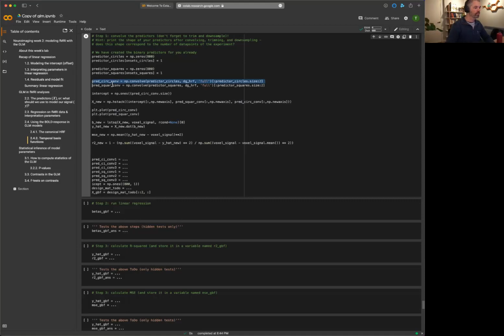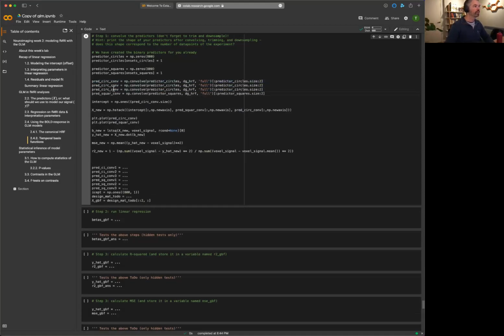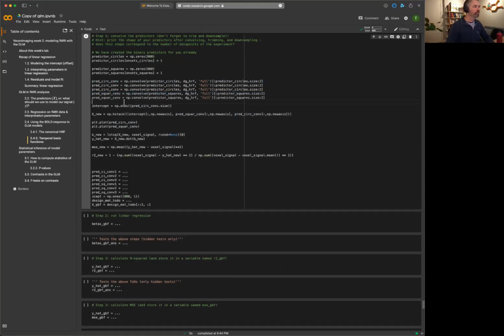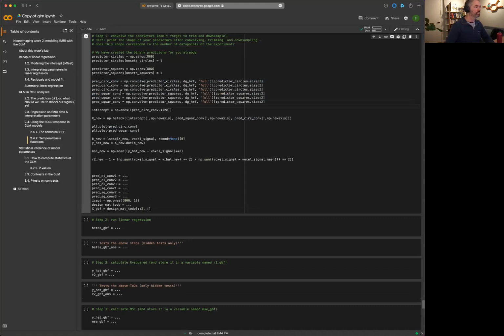So we'll just duplicate this twice, and we're going to index them differently. The only thing that's different between these regressors is the shape of the HRF that we convolve with, right?